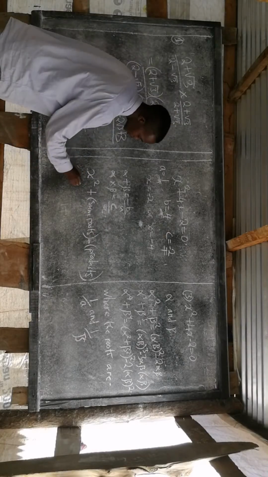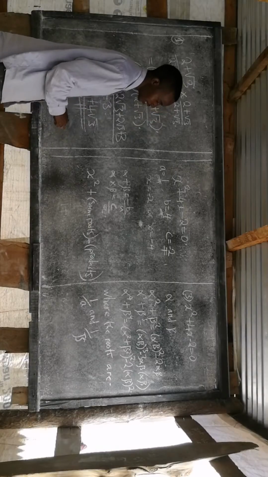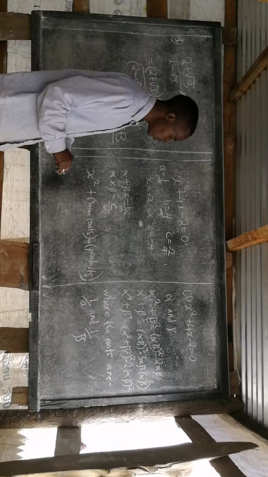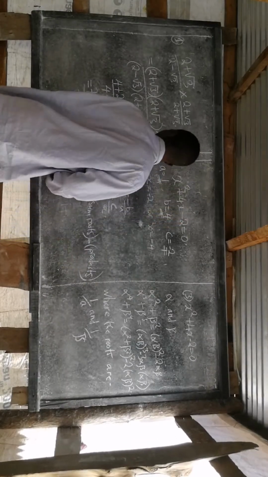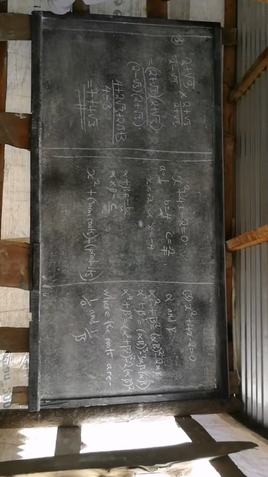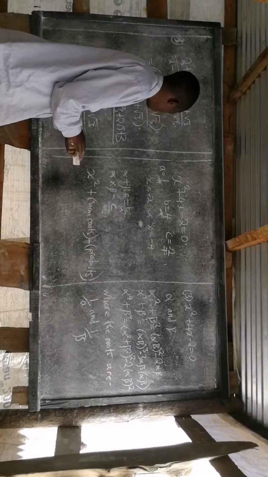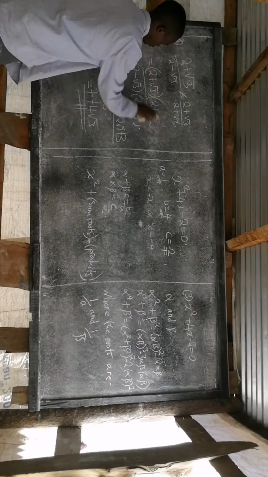So the sum of these roots, right here. Okay, let's delete this. I've copied this, now we can delete.